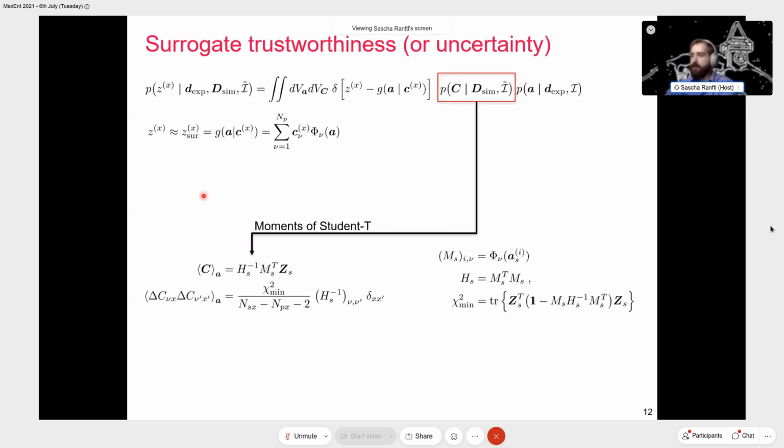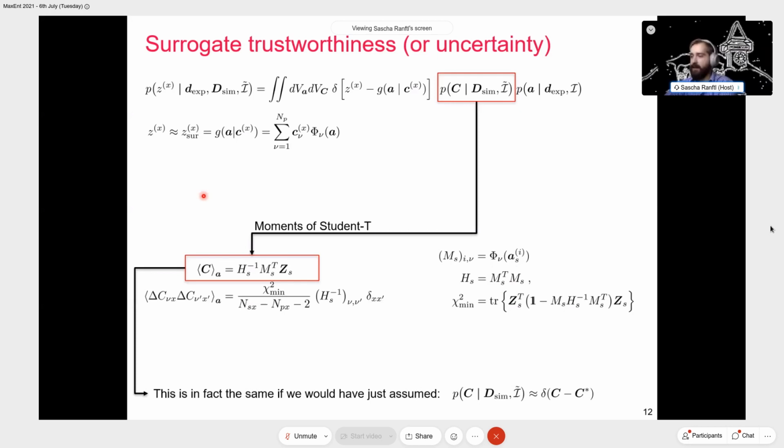Now this is very fine and nice, and this is the same result if we would have just assumed a perfectly trustworthy surrogate, which is fine here. But what's different now than with the perfectly trustworthy surrogate is that we also get an uncertainty on the estimate for our regression coefficient C. That is not zero now.